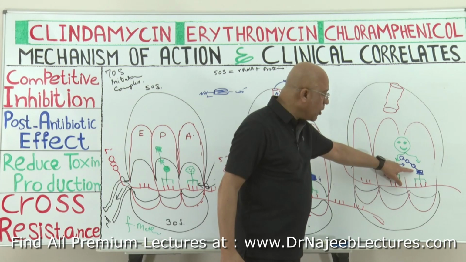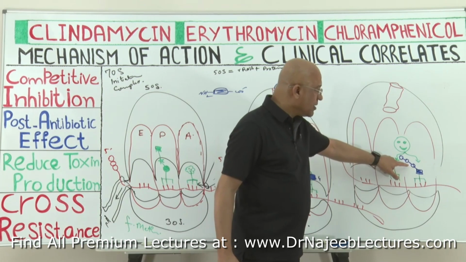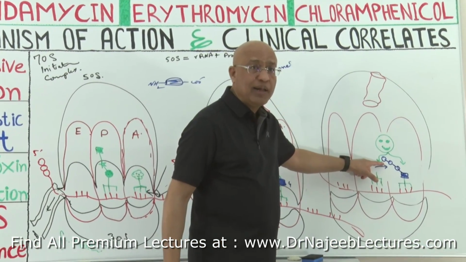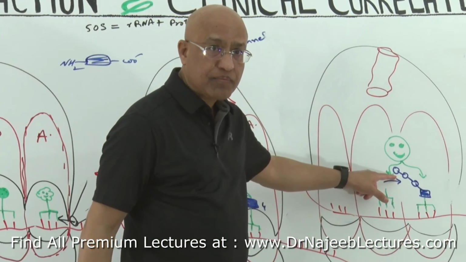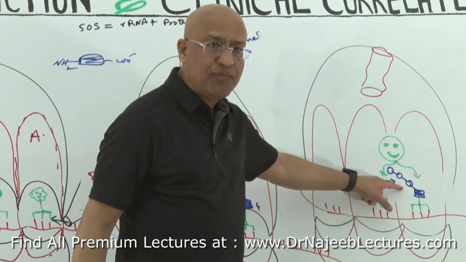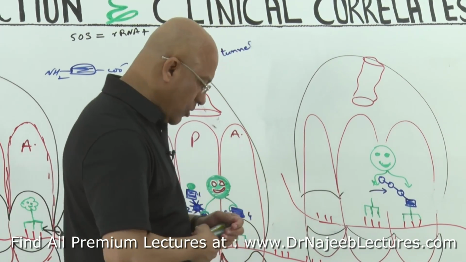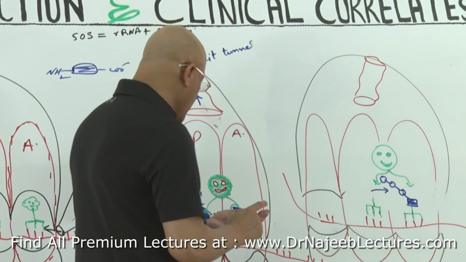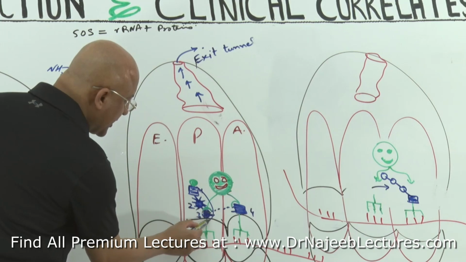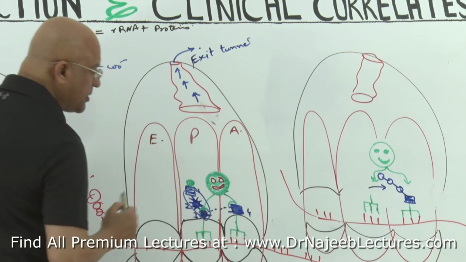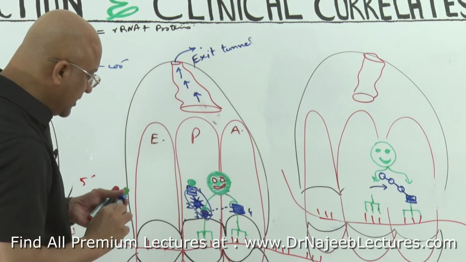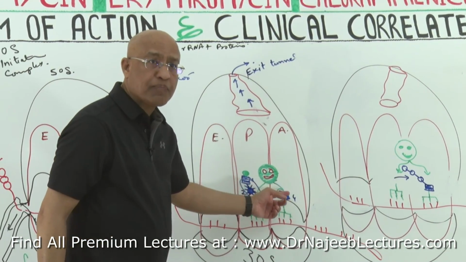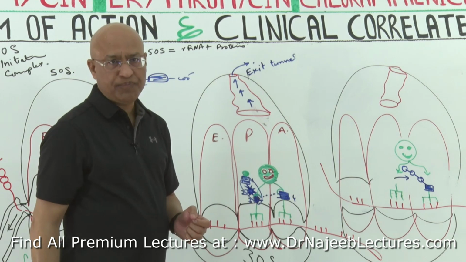So now the situation will be like this: the A site is now having its amino acid, which has also stolen away, or received as a gift, the previously formed chain. This whole function, this transfer of the chain to that amino acid, is the second part of the transpeptidase reaction.